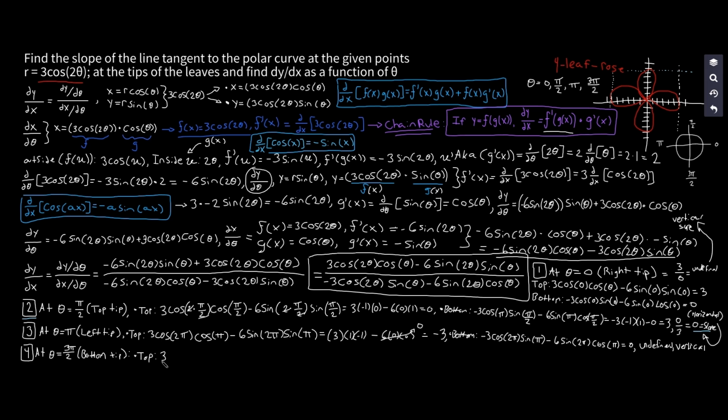So 3 times cosine of, this is going to be 2 times 3 pi over 2, but those 2's are just going to cancel.